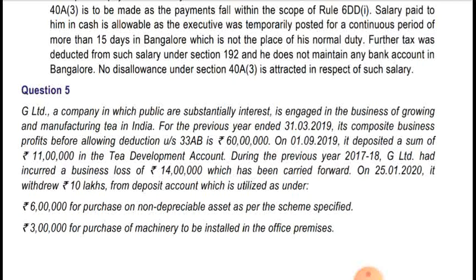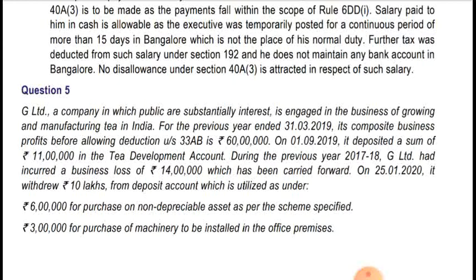G Limited, a company in which public are substantially interested, is engaged in the business of growing and manufacturing of tea in India. For the previous year ended 31st March 2019, its composite business profit before allowing deduction under section 33AB is 60 lakhs.